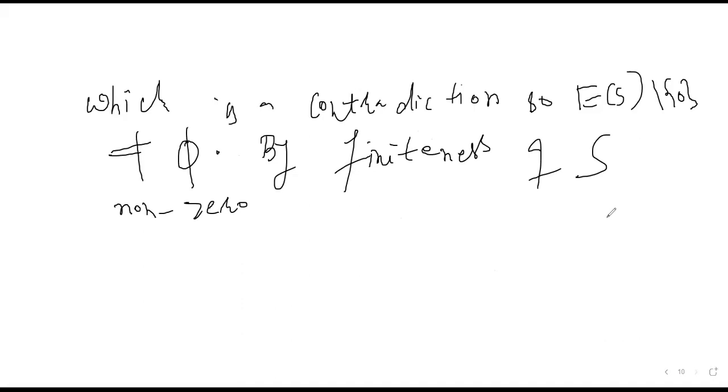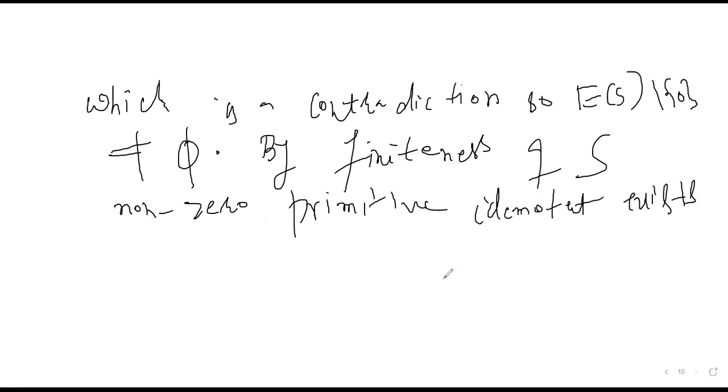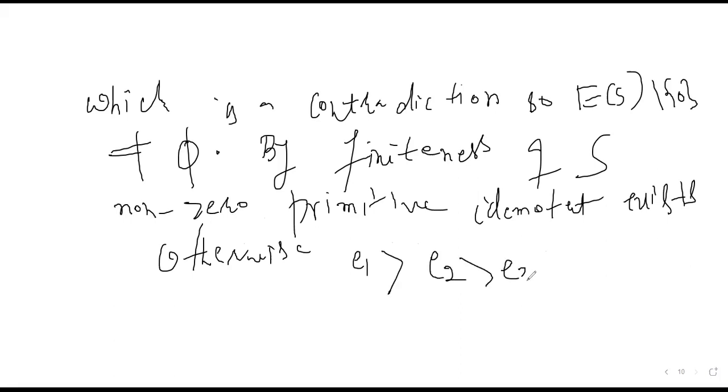If it does not exist, then you would have an infinite chain of this type, otherwise you have e1 strictly greater than e2, strictly greater than e3, and so on, which is not possible as S is finite.